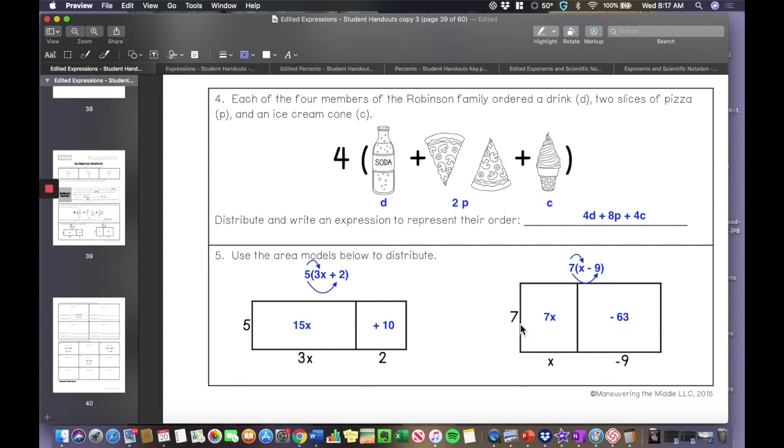So we had 7 times x, which is 7x, and then I had 7 times negative 9, which is negative 63. So my simplified form of this distributed version would be 7x minus 63.